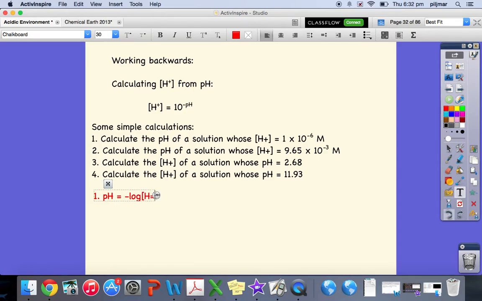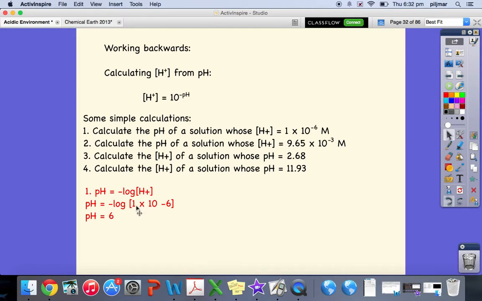We always start with the equation before you input any data into it. So pH is equal to negative log of 1 times 10 to the power of negative 6. You plug it in, and it should be 6. Note that the hydrogen ion concentration is 10 times that of water, so it's 10 times more, hence the pH being 1 less.